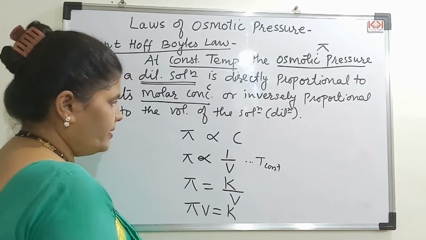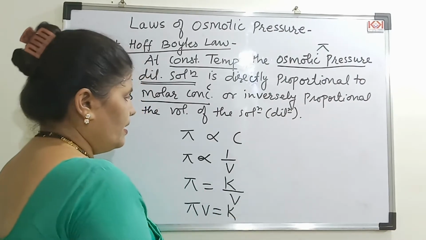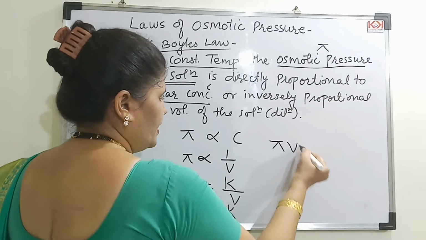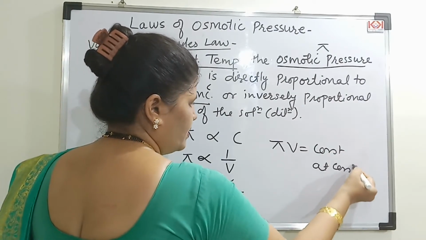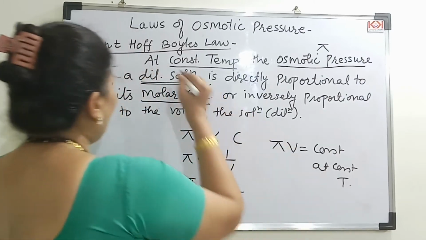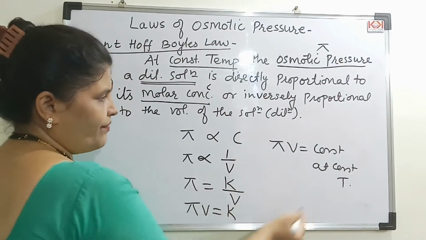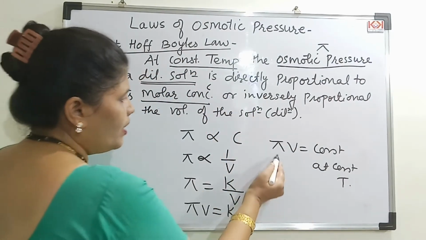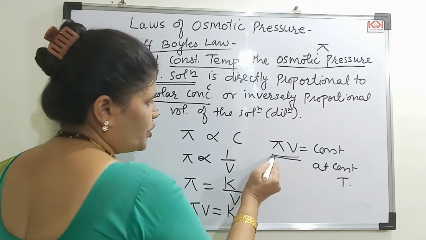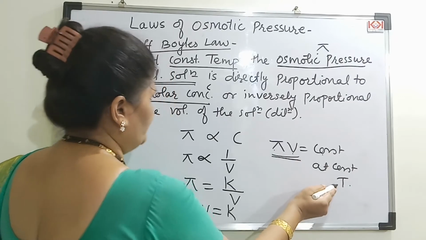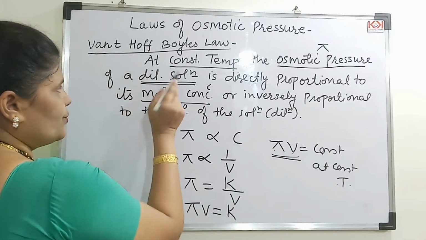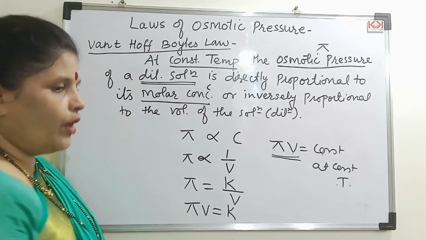K is a constant. So the final equation is pi V is equal to constant at constant temperature. So this is Van 't Hoff-Boyle's law. I can reframe the definition for this law: the product of the osmotic pressure and its volume is constant at constant temperature for a given dilute solution. So that is also Van 't Hoff-Boyle's law.